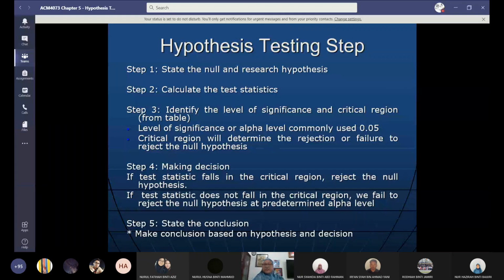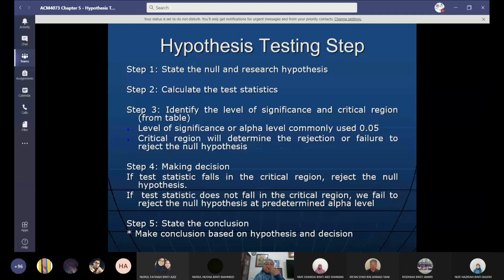Identify the third step, identify the level of significance and critical region. So when we analyze, there will be results. With the results, you must look at, first is the level of significance. See, 0.05. It must be less than 0.05. If the significant value says 0.07, khalas, you cannot use, you will say there's no significant differences.